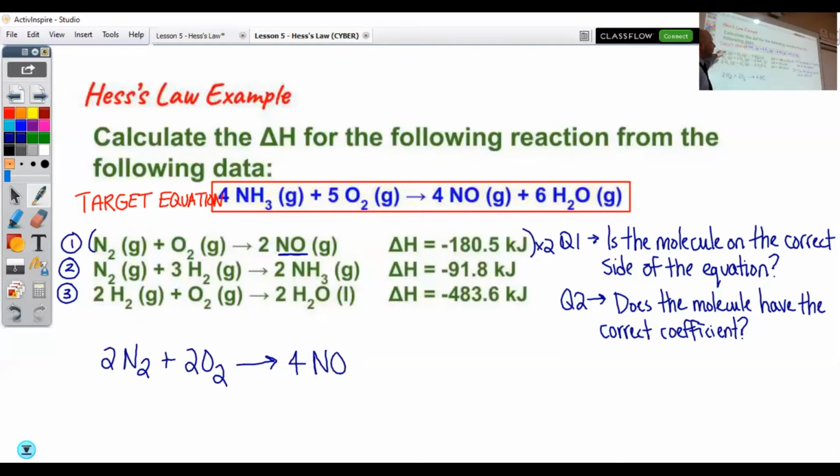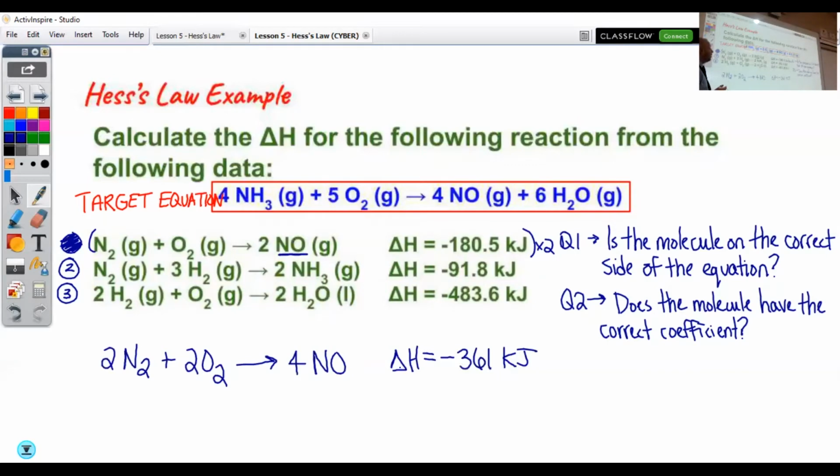When we double everything, we also double the value for delta H. So delta H is now going to equal negative, that part stays the same, 361 kilojoules. Okay, so now we've used equation number 1. We're not going to use that equation again.